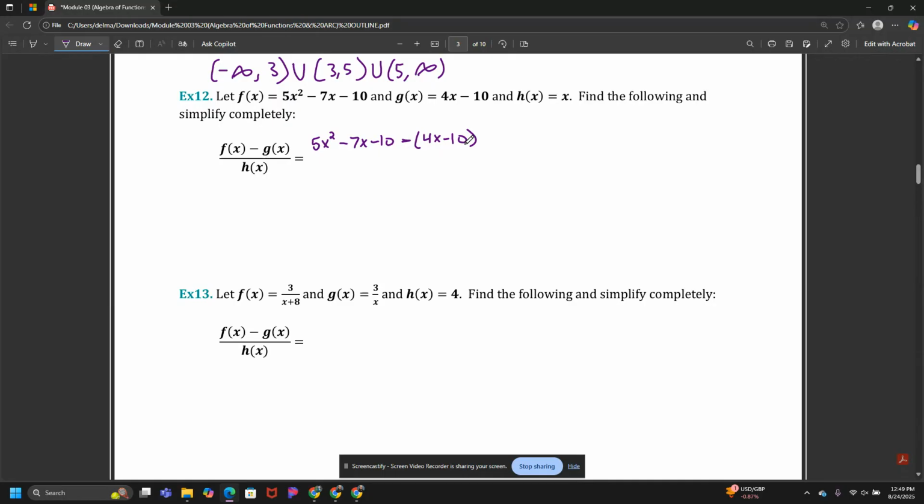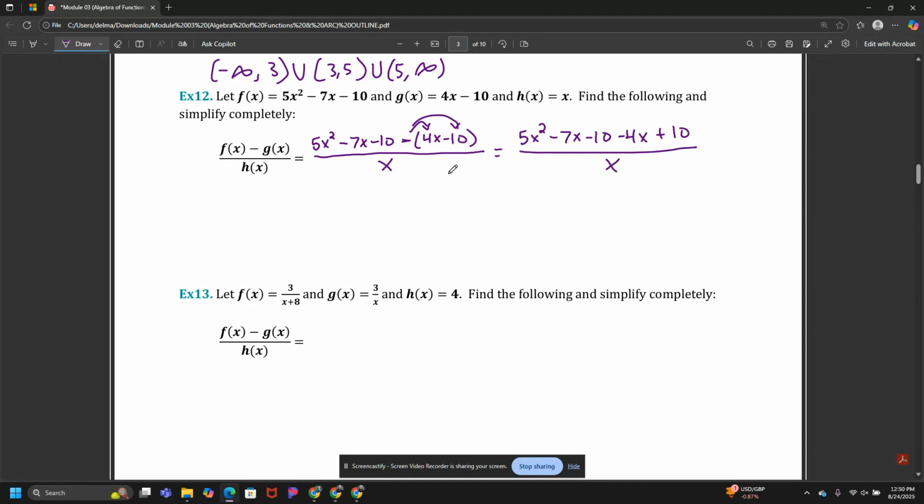G of x is 4x minus 10 divided by h of x, which is x. Okay. Now let's distribute this negative sign. So now I've got 5x squared minus 7x minus 10. Positive 4x times negative sign is negative 4x. Negative times a negative becomes positive 10.